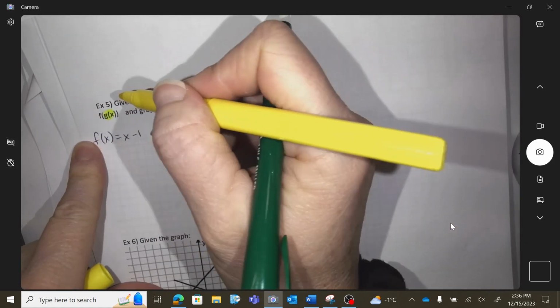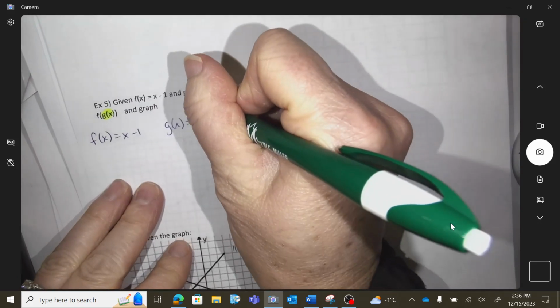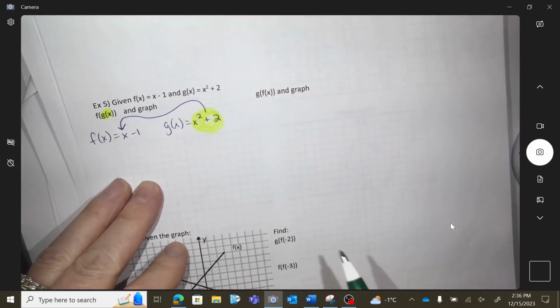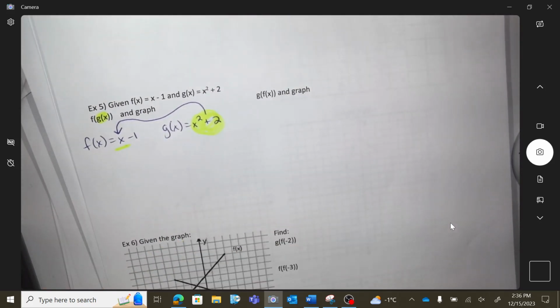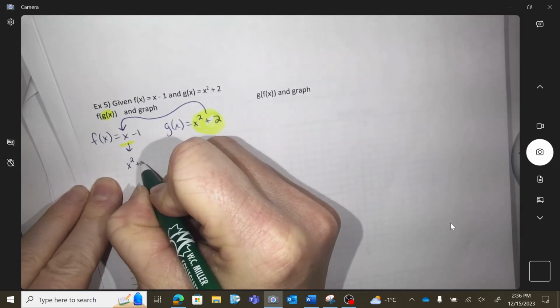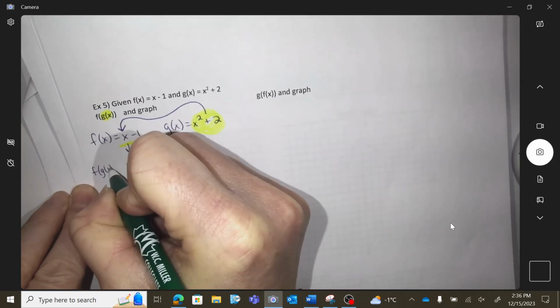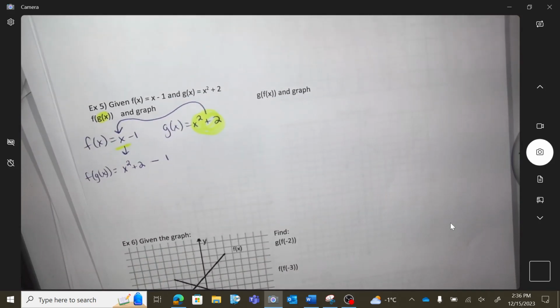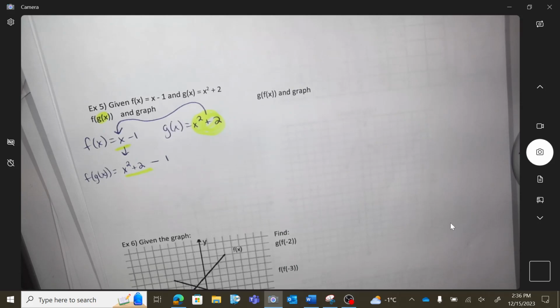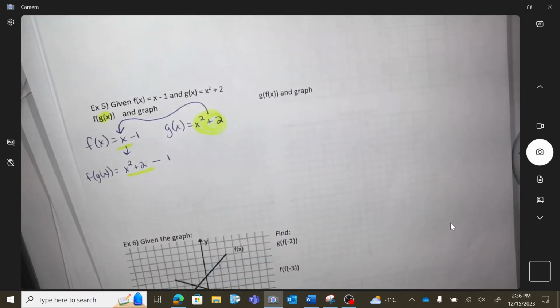G of x is the input and you are putting it into the f function. Does that make sense? I put this into that position.